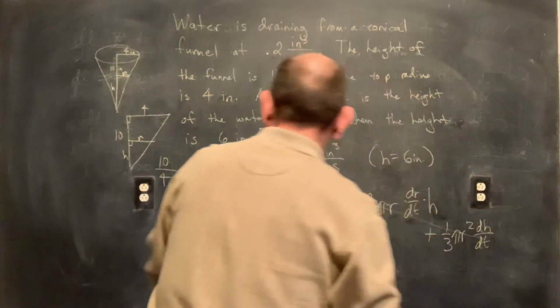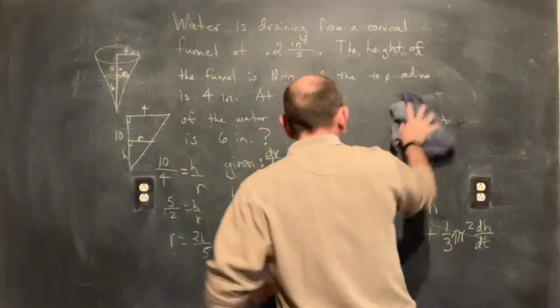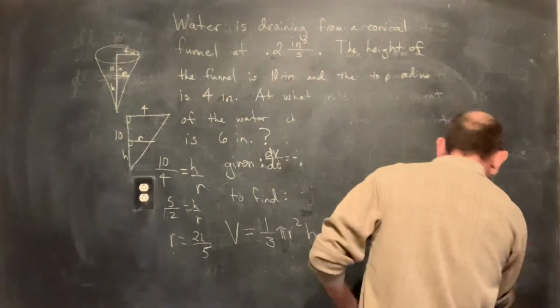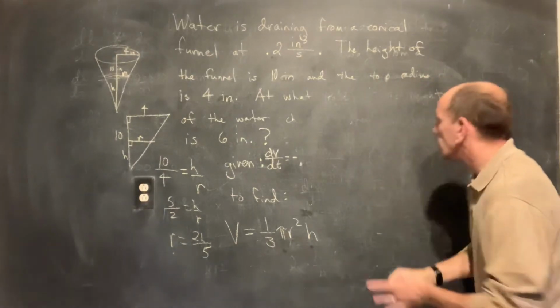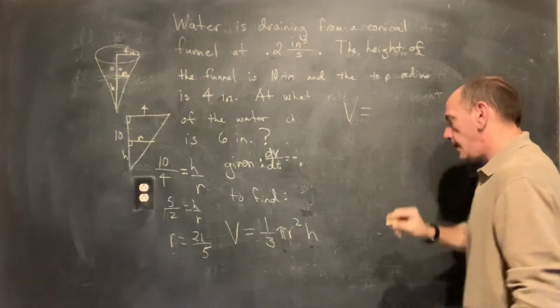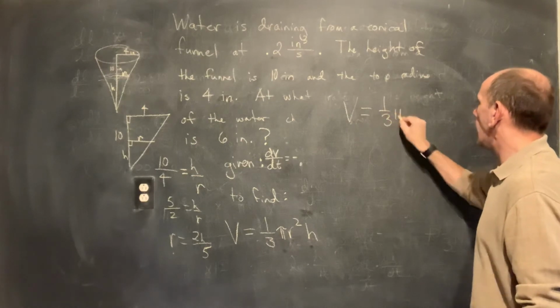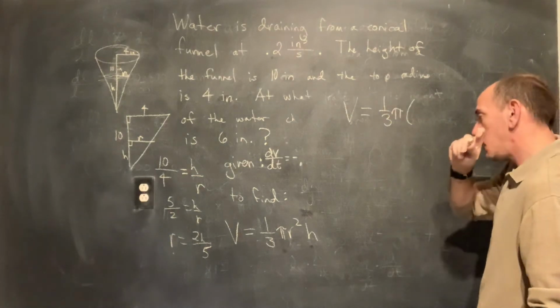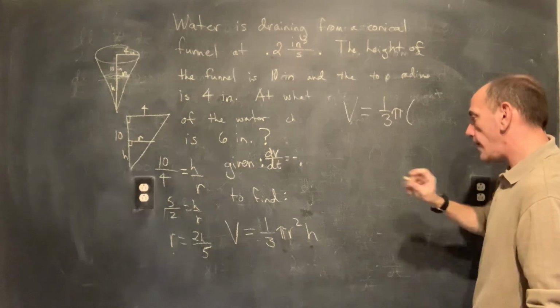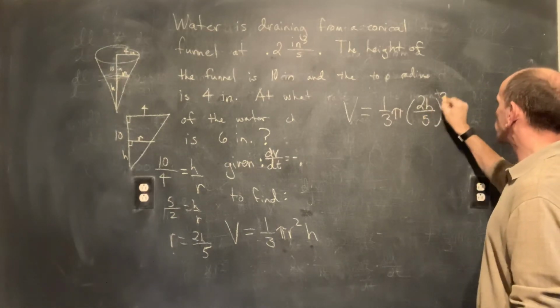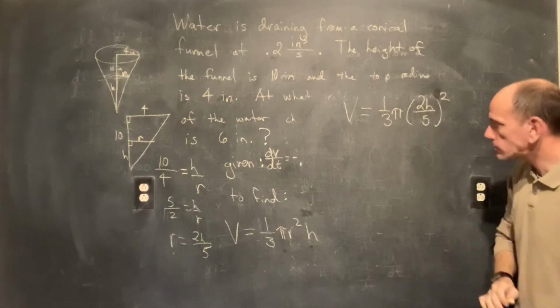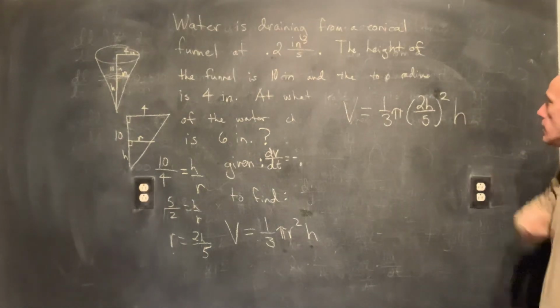Let's bring this up a little bit here. Now I've got the volume is 1/3 pi r squared. R now is 2h over 5, squared, times h.